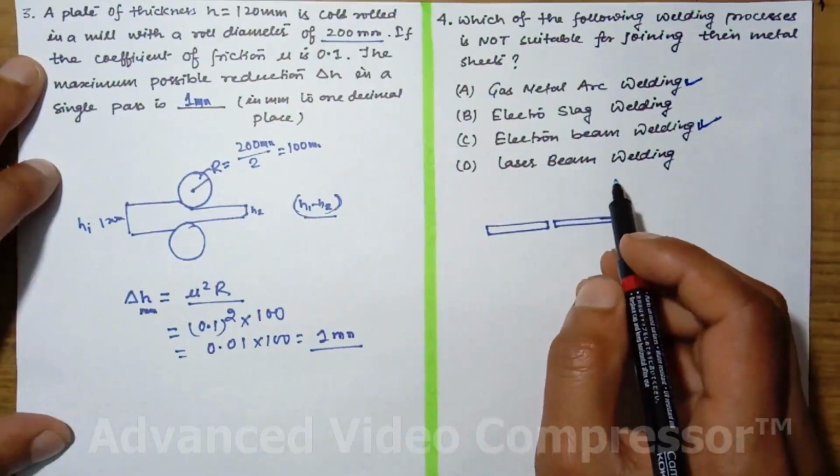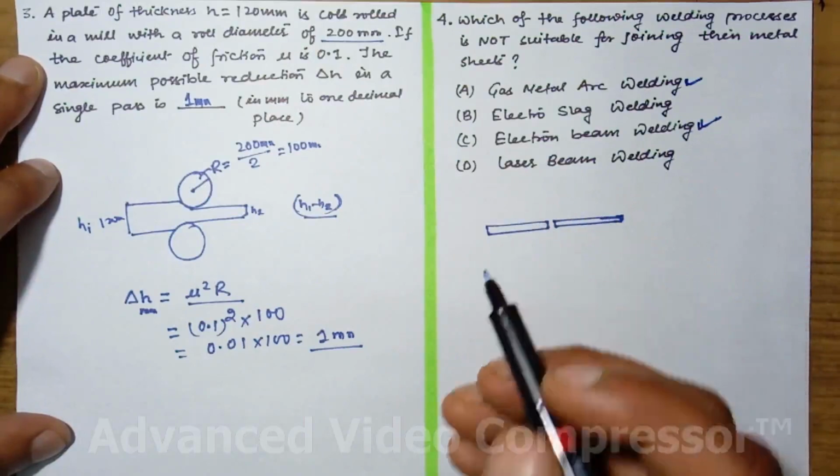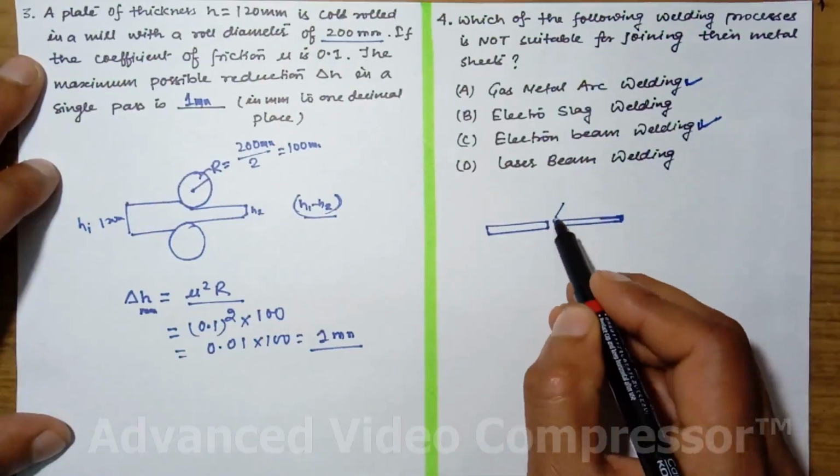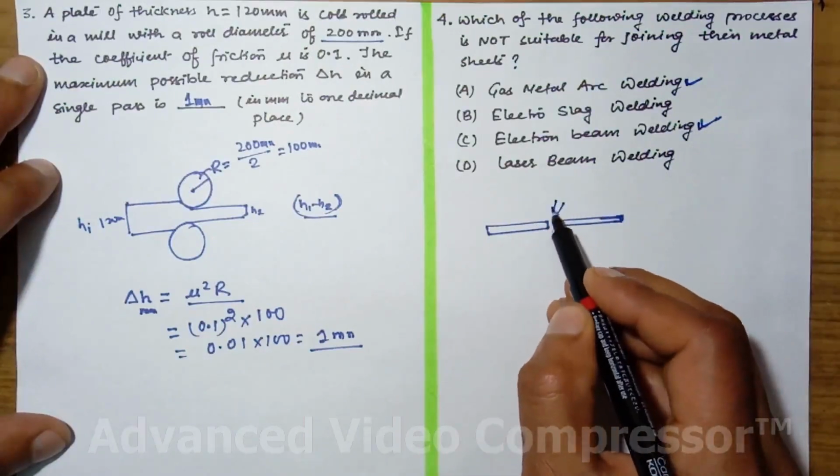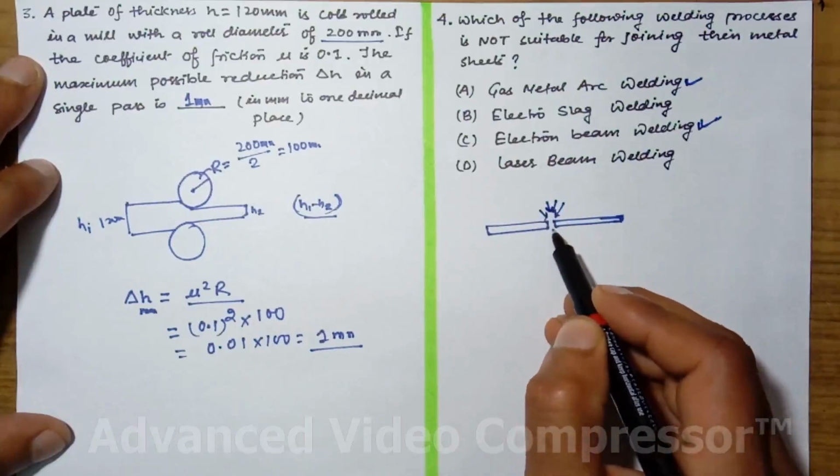In electron beam welding, basically fast moving electrons are allowed to hit the surface, and because of this, high energy is produced.